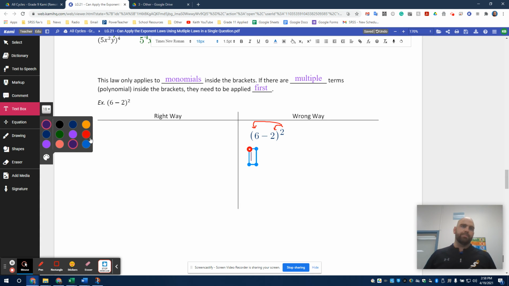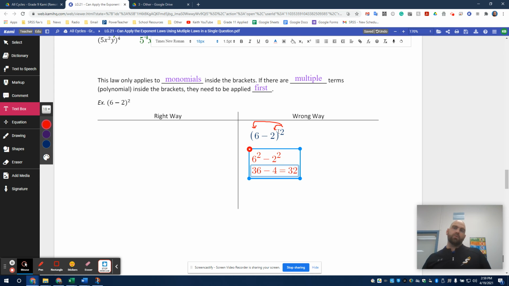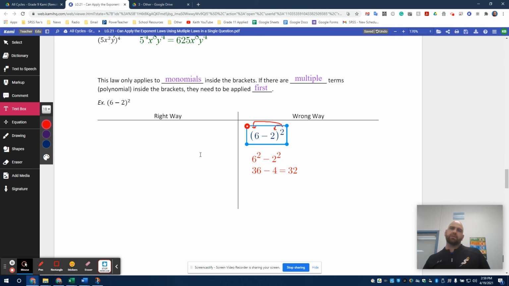So if we apply that, we could think of it as 6 squared minus 2 squared, which would then be 36 minus 4. Technically, because this is a negative 2 we're applying to, it could change, but let's just say it's 36 minus 4, which is 32. If we did it the other way, it would be 40. Either way, it's going to be wrong. This is the wrong way. Applying it first, you cannot do that because you need to solve inside the brackets first.